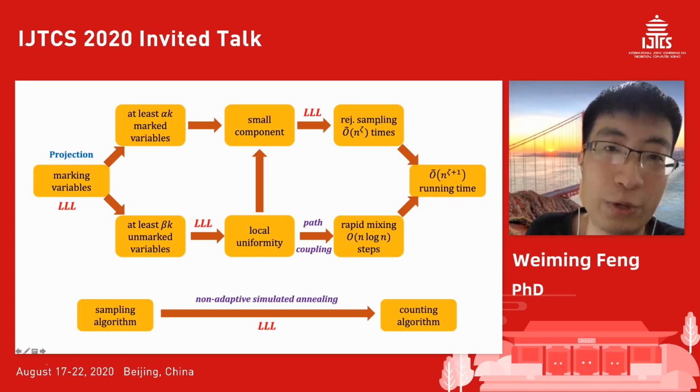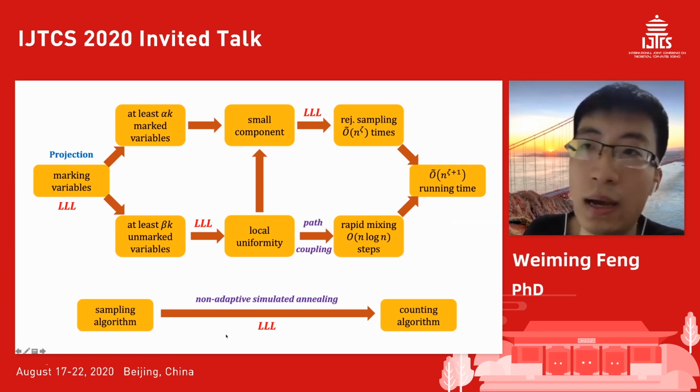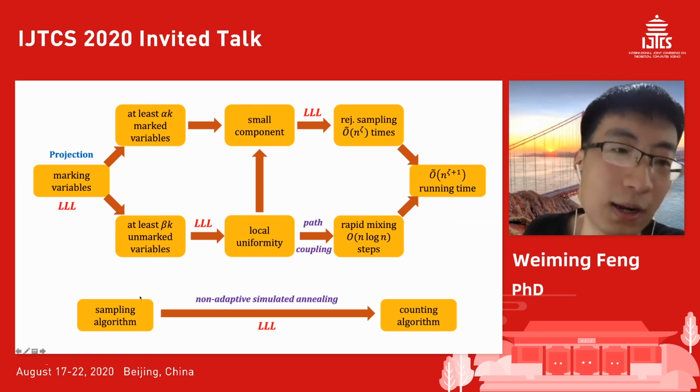So we can use rejection sampling on each connected component. Then using the Lovász local lemma, we show that we can repeat the rejection sampling for at most O(2^(n^zeta)) times. So combining together, we will get a sampling algorithm in time O(2^(n^(1+zeta))). Now suppose we have the sampling algorithm.